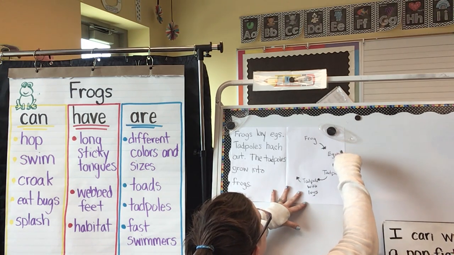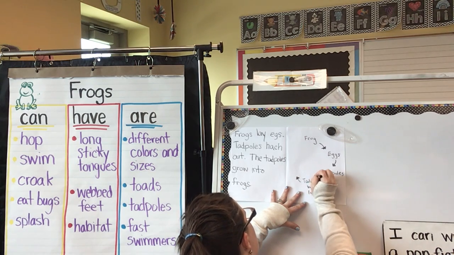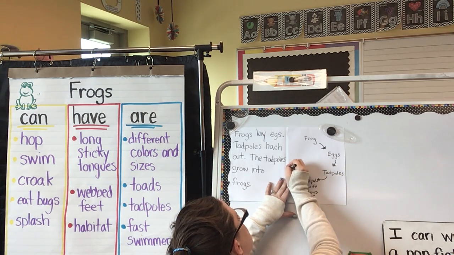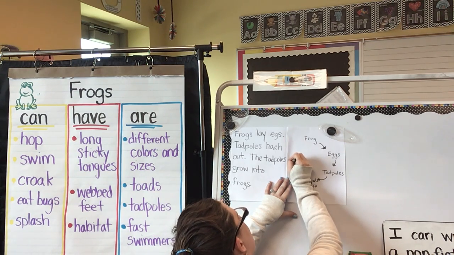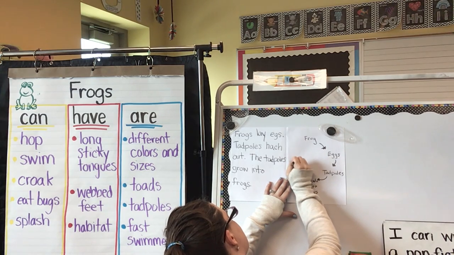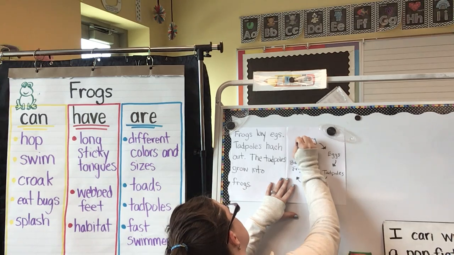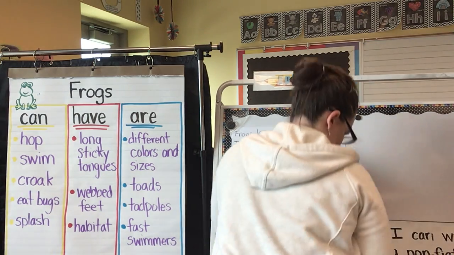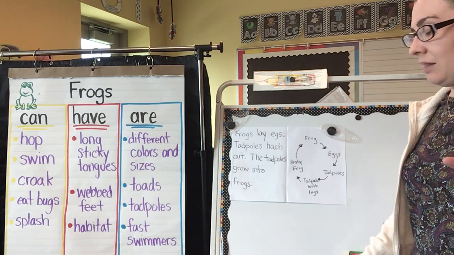So frog, then eggs, then tadpoles, then tadpole with legs. And the last one is, well, yeah, baby frog, right? And then that baby frog grows into an adult frog. Okay. Woo! Well, that's a lot of labeling that I have right there for that life cycle.